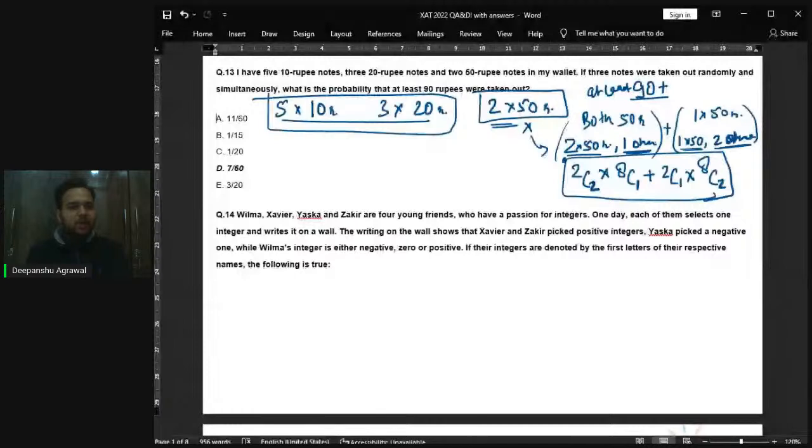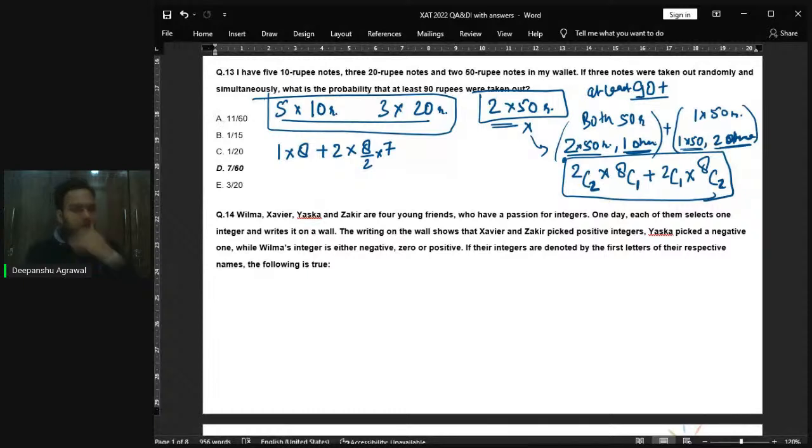So we have to solve this: 2C2 into 8C1 plus 2C1 into 8C2, and divide it by total possible cases. Right. So let's solve this. 2C2 would be 1, 8C1 would be 8, plus 2C1 would be 2, and 8C2 would be 8 by 2 into 7. I hope you know how to solve this, right?